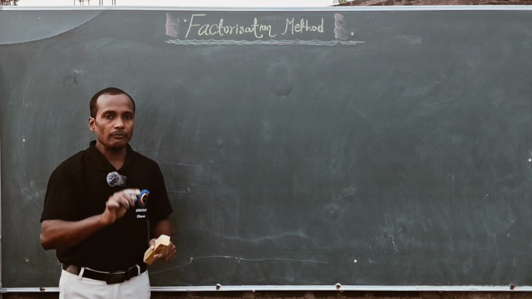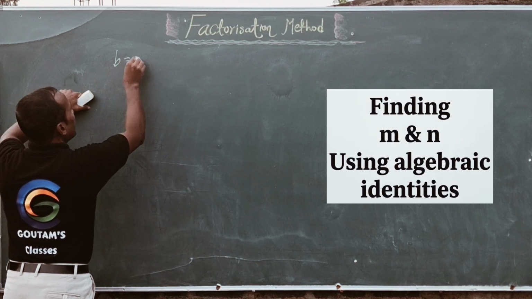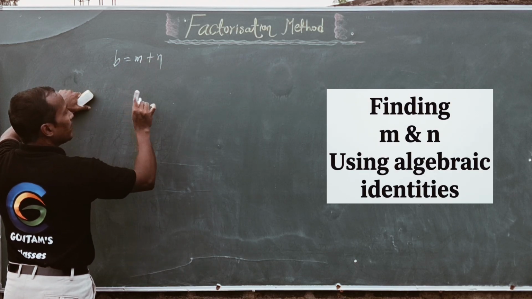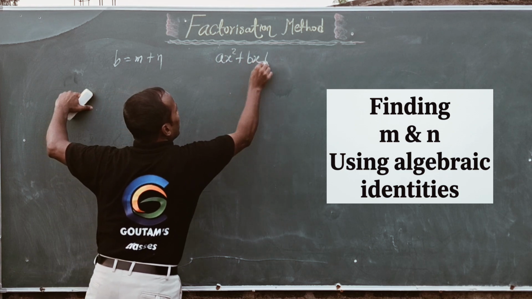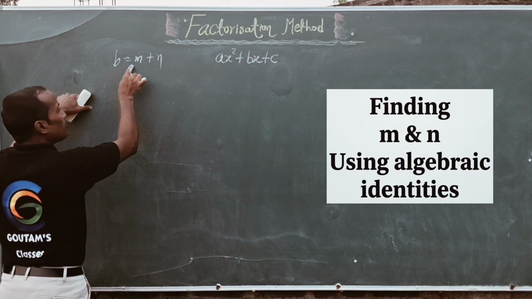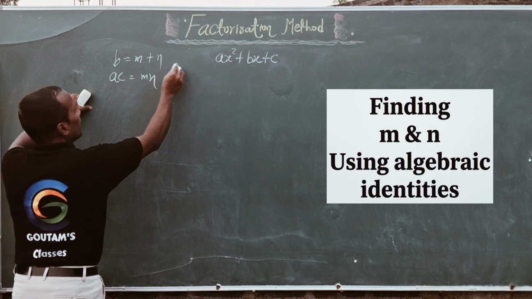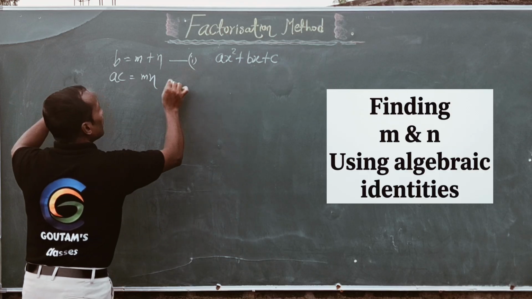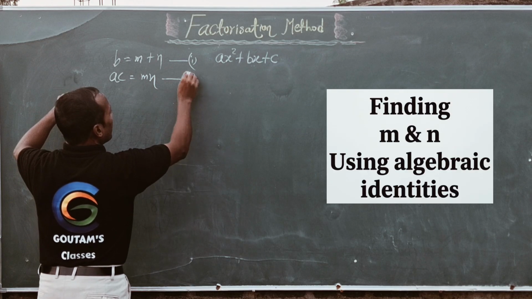Now students, we are with the fact that b has to be equal to m plus n in the standard form of quadratic polynomial. While we go to factorize, then bx must be represented as mx plus nx. Means b has to be equal to m plus n and ac must be equal to mn. Let me say this is the first equation and let me say this is the second.